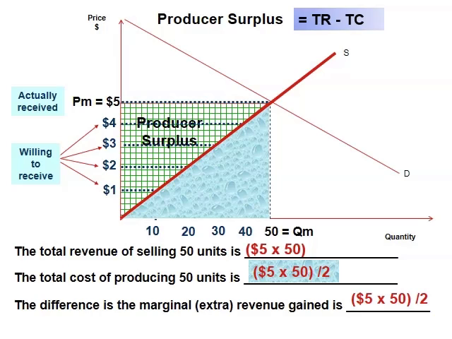That represents, remember, the marginal cost times the quantity, divided by 2 because it's a triangle. And finally, the difference between total revenue and total cost, as you already know, we could call it profit, but here we call this extra revenue gained producer surplus.